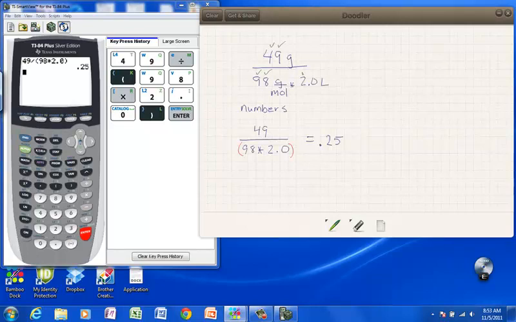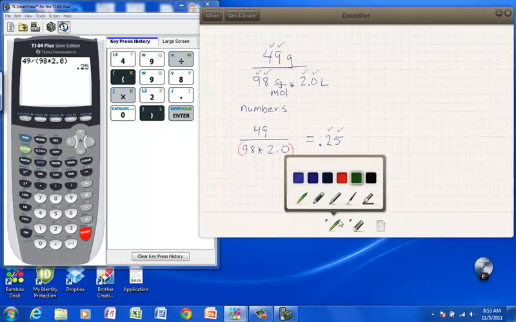Now we know that 2 is significant, and this 0 is behind the decimal point. So it is not a placeholder, it actually is a significant digit that's measured to a higher degree of accuracy. So all of these numbers have 2 significant digits, and so does my answer, so I don't need to round this one. All right, now let's go work through the units part of this problem.